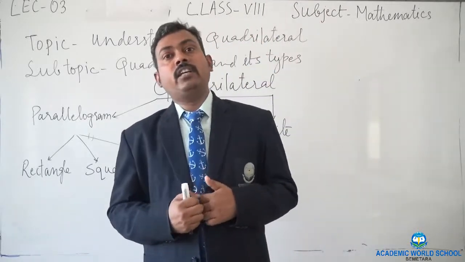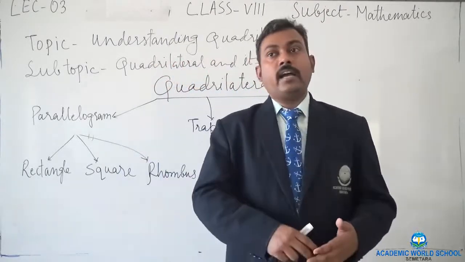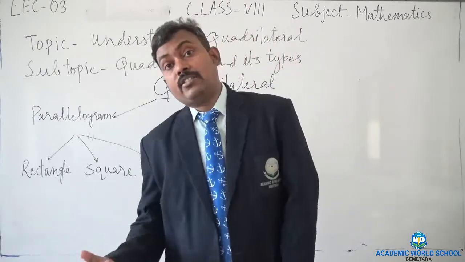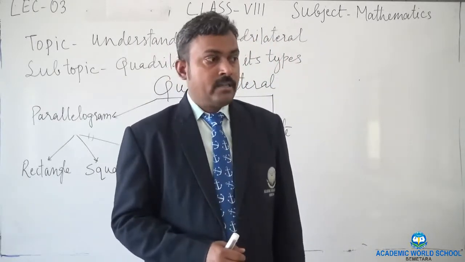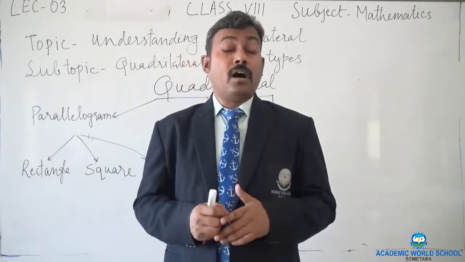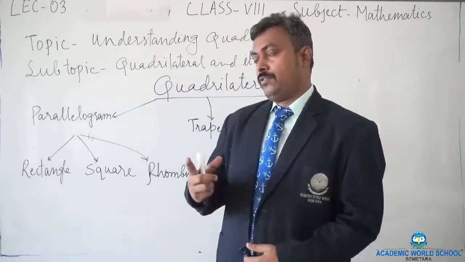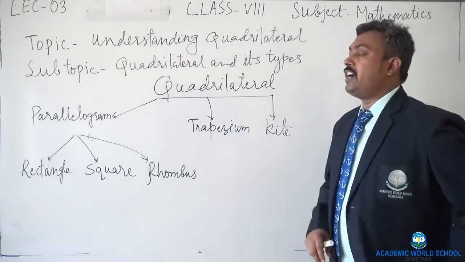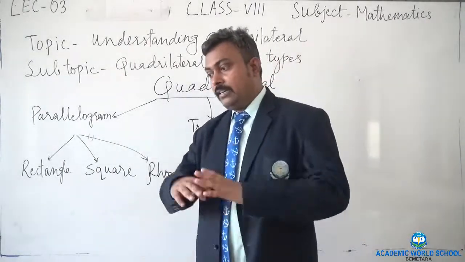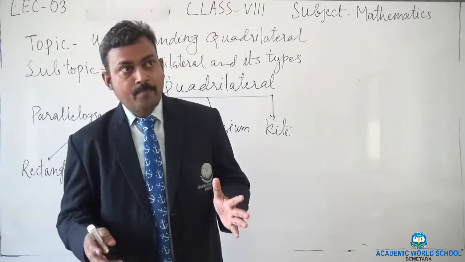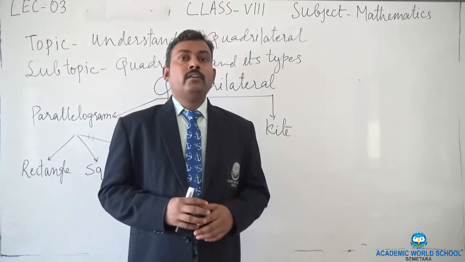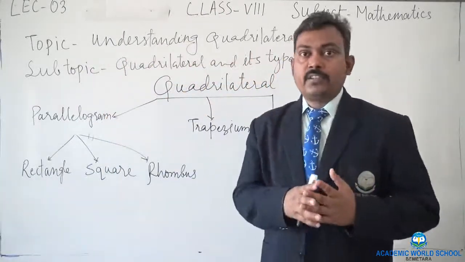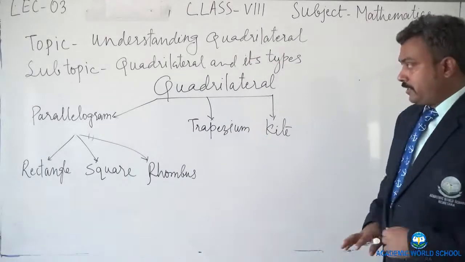Then we had seen the sum of interior angles and sum of exterior angles of a polygon, and how to find the number of diagonals. So our next topic is quadrilateral and its types and the various properties of the different quadrilaterals.